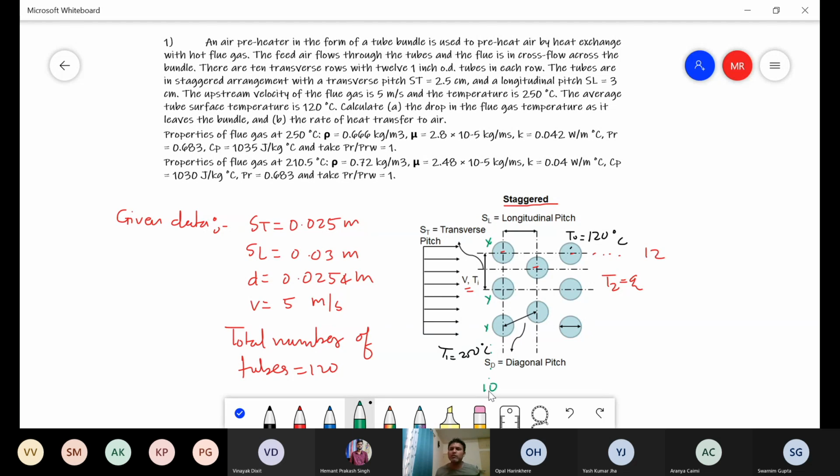So there are 10 transverse rows and there are 12 tubes in each row. If I'm taking one row, one row basically comprises these tubes which are in a zigzag order. Okay, clear?